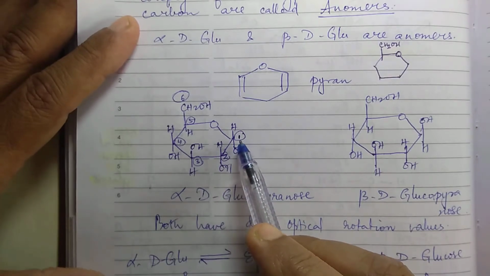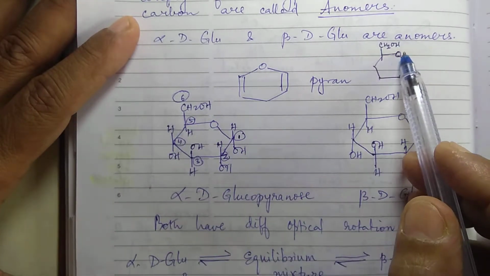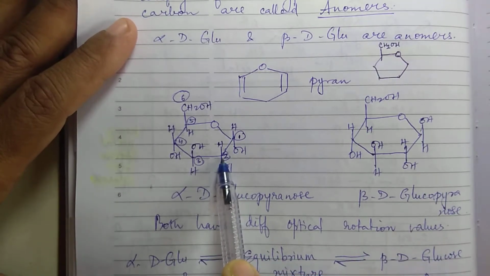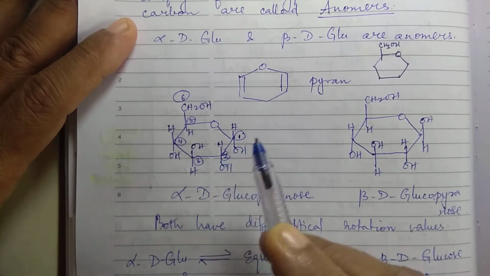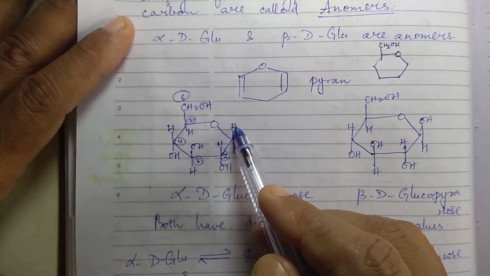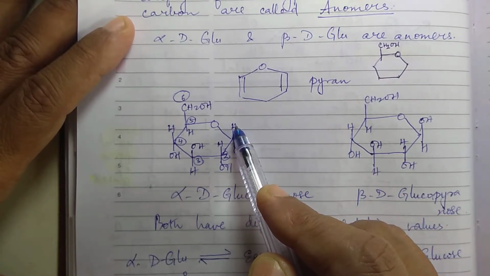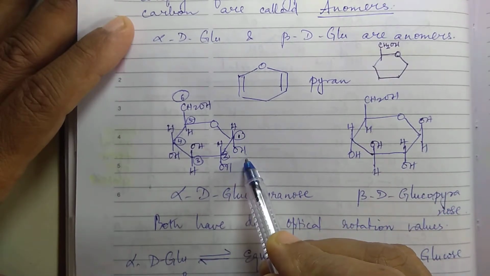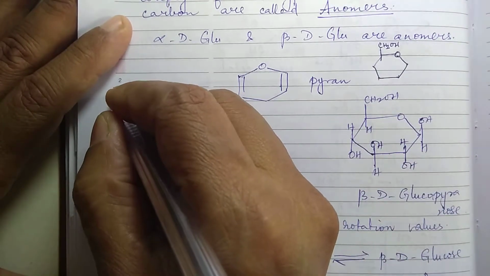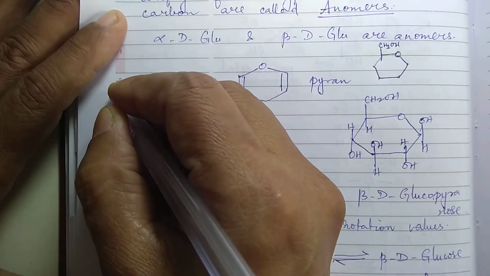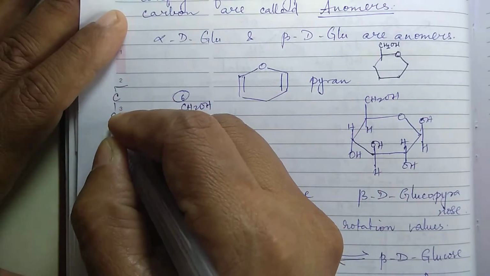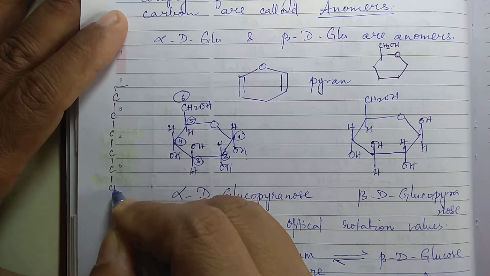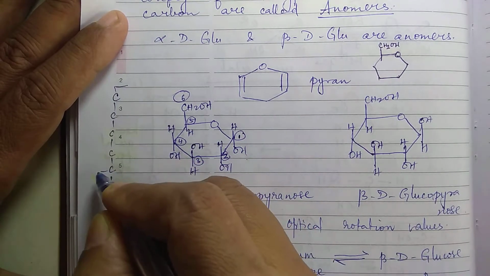Now, when you write this structure along with the hydrogen and OH attached to each and every carbon, whatever is there on the left hand side you put above the plane, and whatever is there on the right hand side you put below the plane, is it not? Now try to recollect how you wrote it. 4, 5, 6, right?